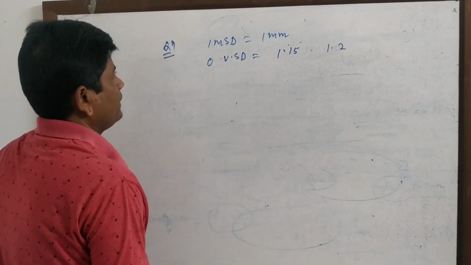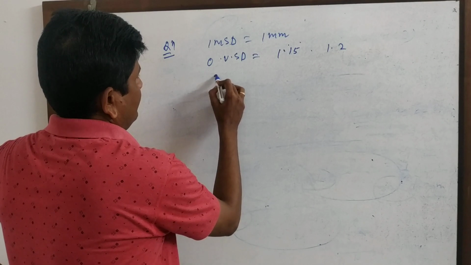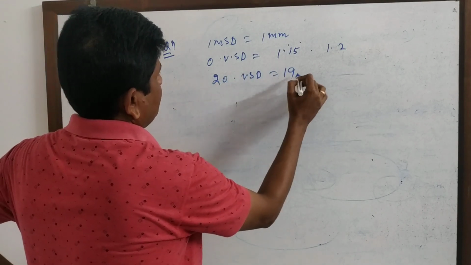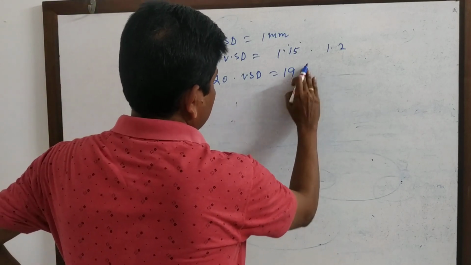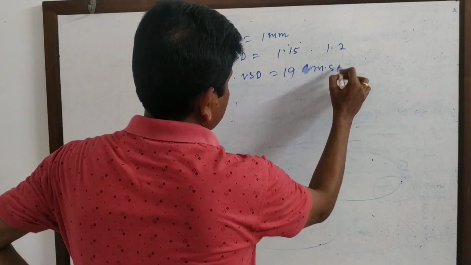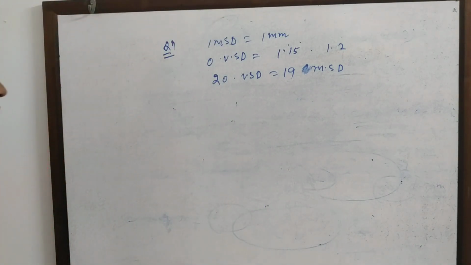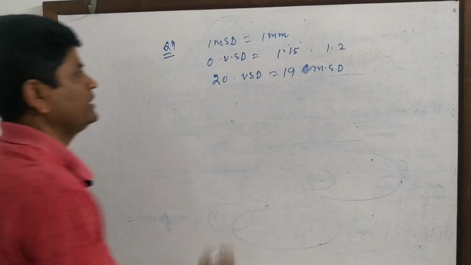And 20 divisions of VSD is equal to 19 divisions of MSD. Find LC.